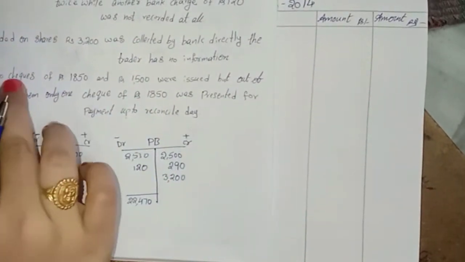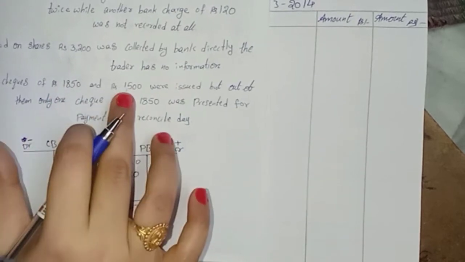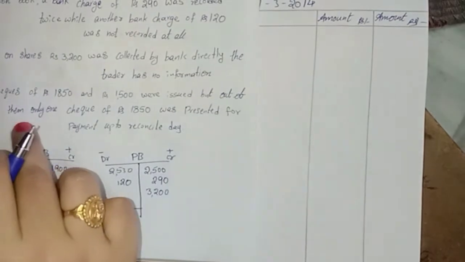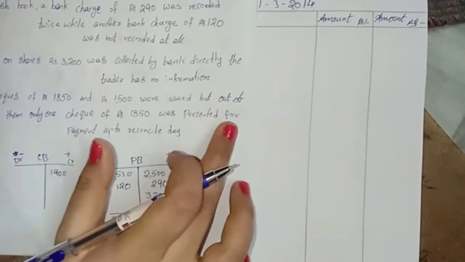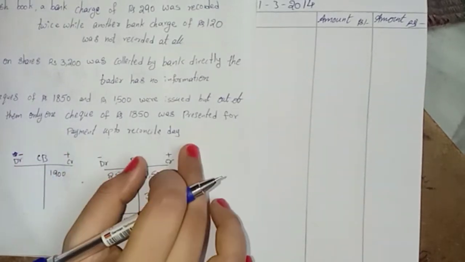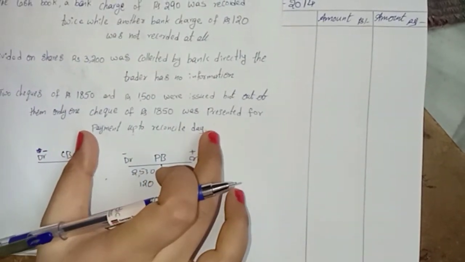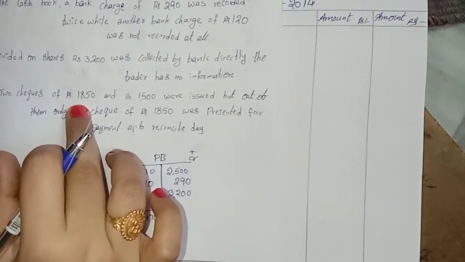Next, two cheques of rupees 1,850 and 1,500 were issued, but out of them only one cheque of 1,850 was presented for payment up to the reconciliation date. So up to the end of that month, only the 1,850 cheque was collected.